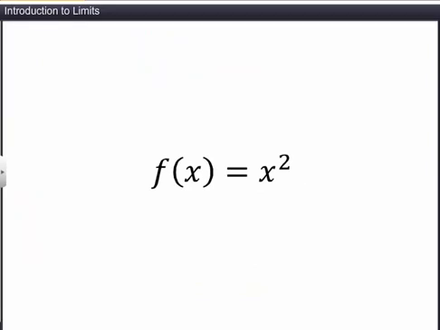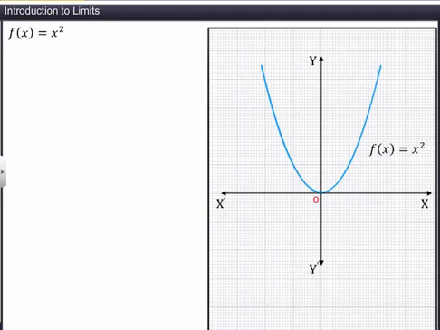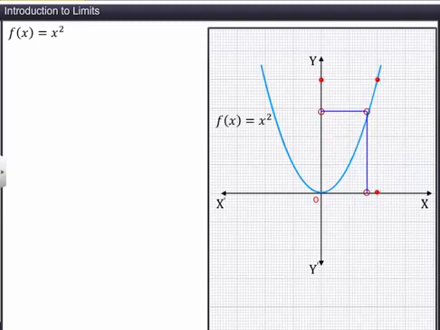Suppose we have a function, x squared, which is in fact a parabola. Let's observe the graph of this function. Here, our interest is to find at what point the value of the function reaches a certain value. Here in the graph, we wish to find the value of the function as x approaches any arbitrary point a.